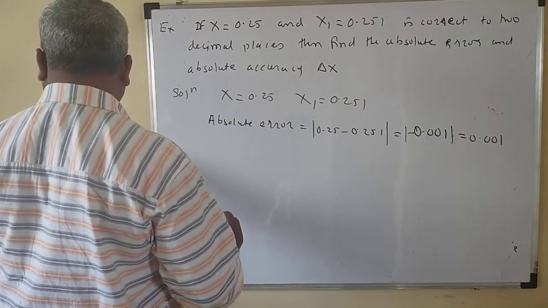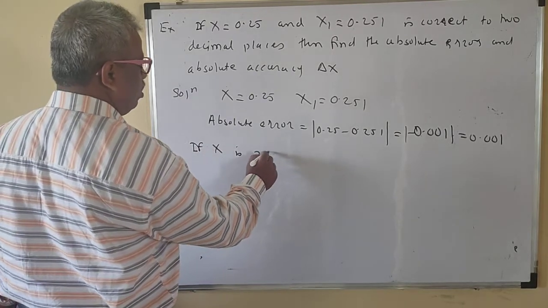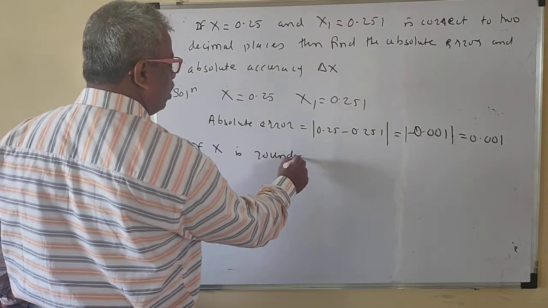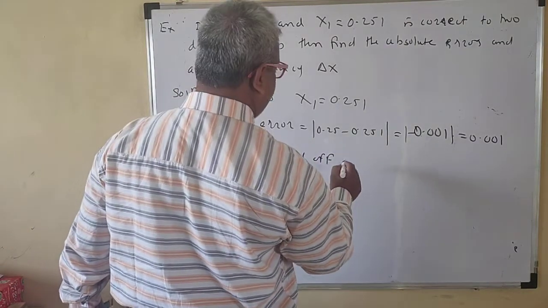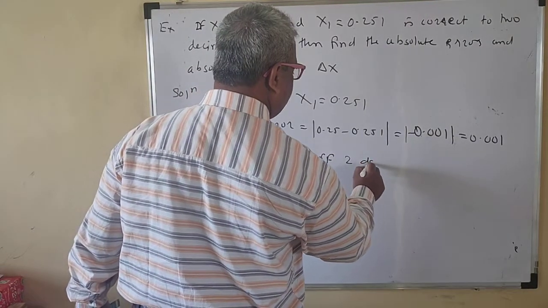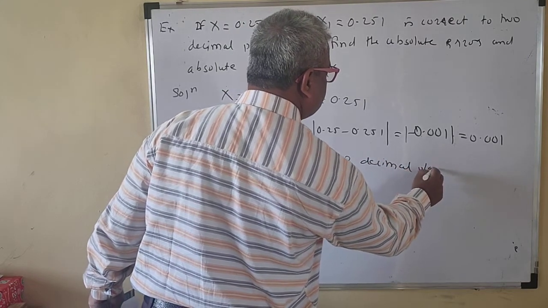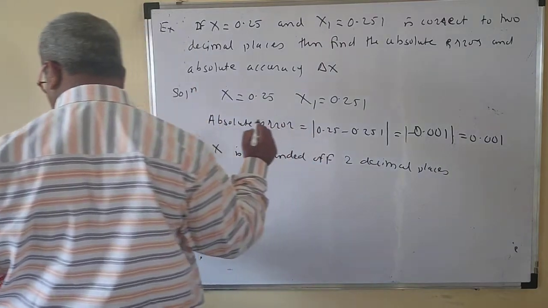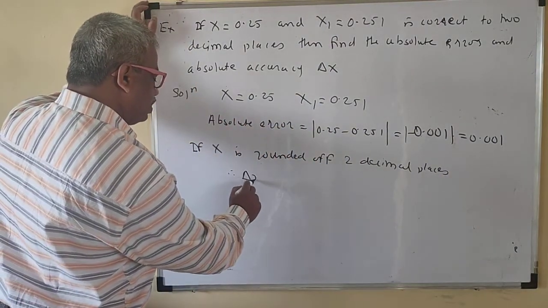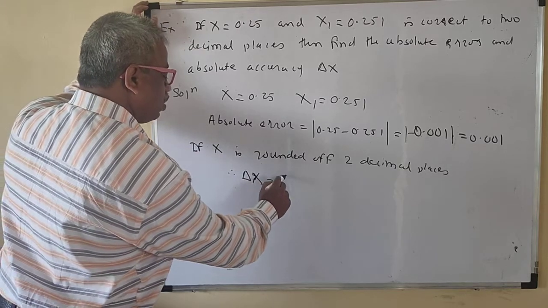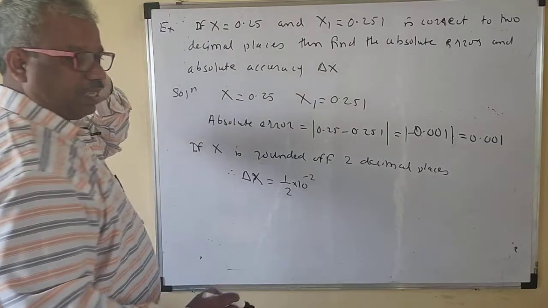Then you have to write the absolute accuracy. If x is rounded off to two decimal places, then the absolute accuracy is 1/2 into 10 raised to minus 2.